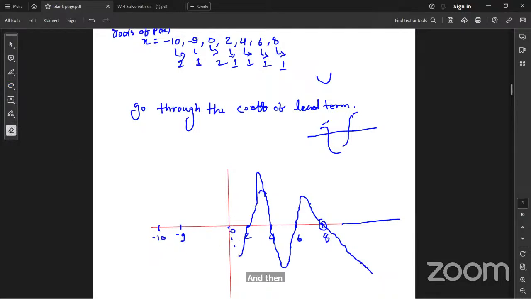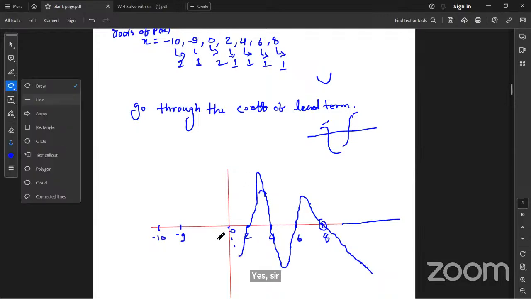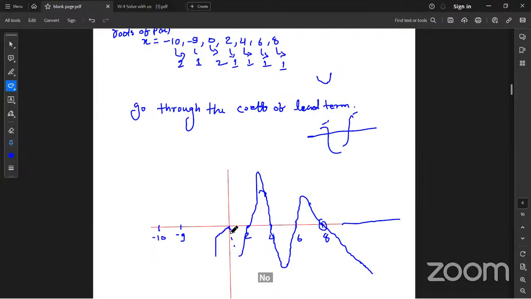Everyone is understanding what is going on here? If you are not, please let me know. Please try to understand, because my drawing skill is worst.